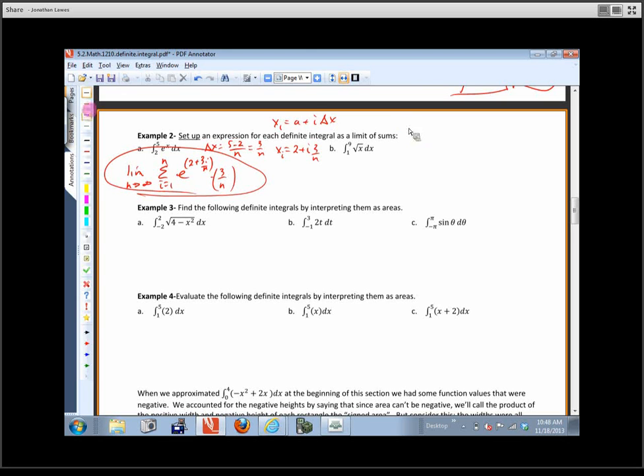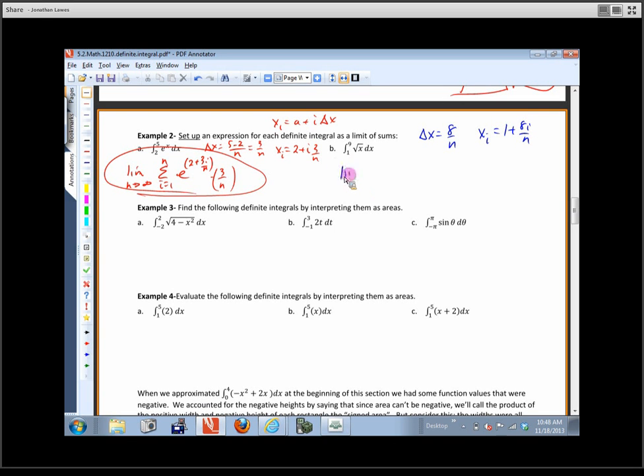So let's figure out, and I'm going to change colors, what's delta x? Isn't it 8 over n? X sub i, isn't it 1 plus 8i over n? Are we getting quicker at this?